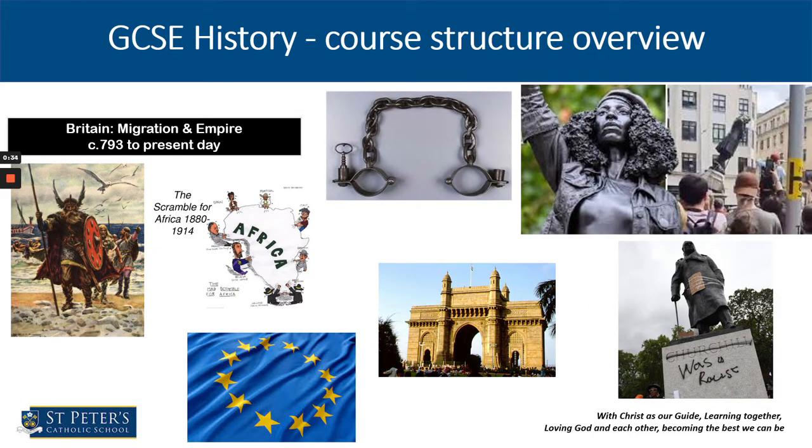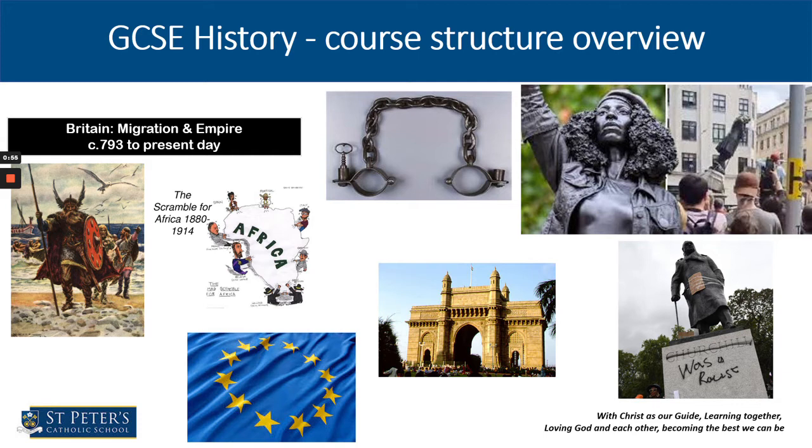In year 10 we start with British migration and empire from 793 AD to the present day. So this basically picks up with the invasion of the Vikings in the 8th century to England, the English kingdoms. What we look at here is the arrival and departure, so immigration and emigration, of different peoples to and from Britain throughout this period.